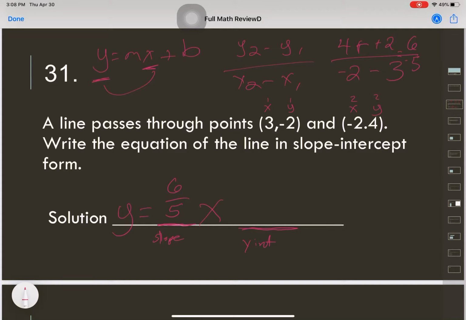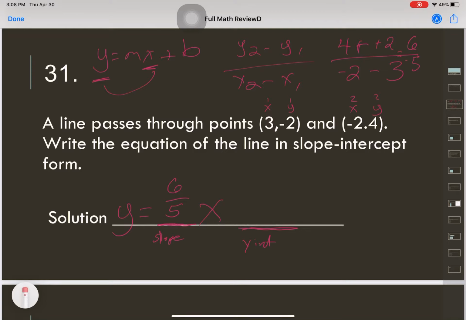Now that we know what the slope is, we need to find the y-intercept. To find the y-intercept, we'll take our regular formula and instead of x and y, we'll put in numbers. We want to find what y is, so for x, we'll put a 0, because wherever the graph crosses the y-axis, x will be 0, right?